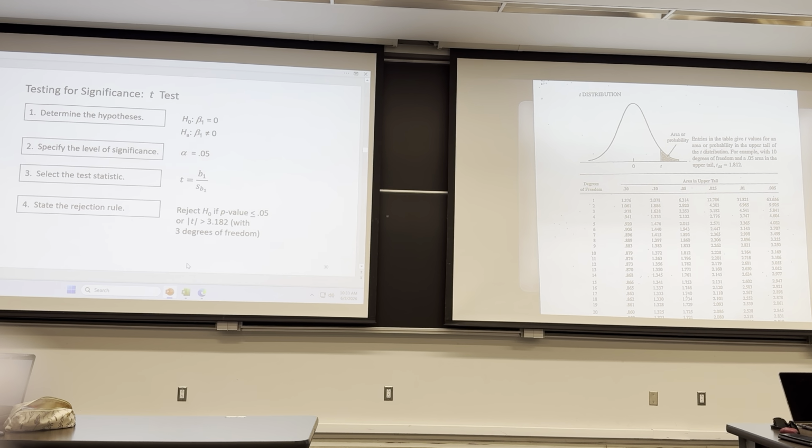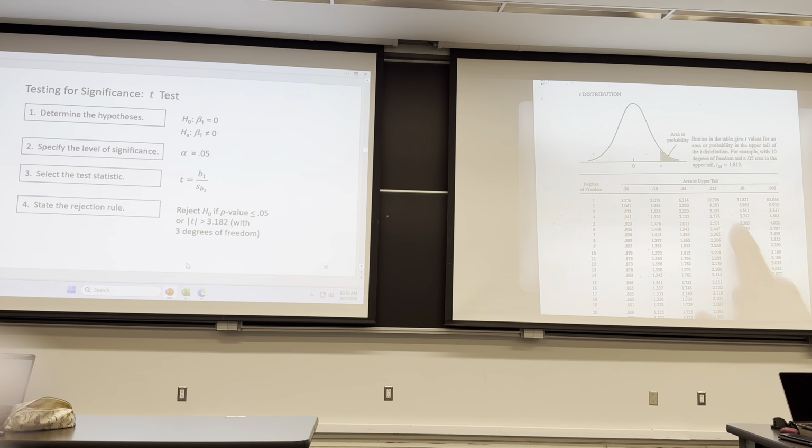Now, before I go into that, can you tell me, is it a two-tail test or one-tail test? It's a two-tail test. I don't care if it is less than 0 or more than 0. I'd like to find out if it is 0 or not 0. Alpha is 0.05, that means half of alpha is in the lower tail, half in the upper tail.